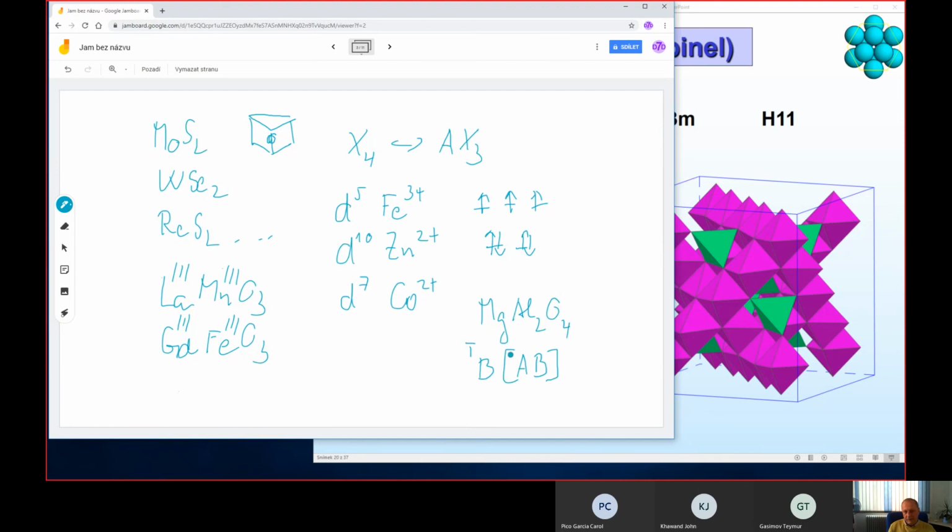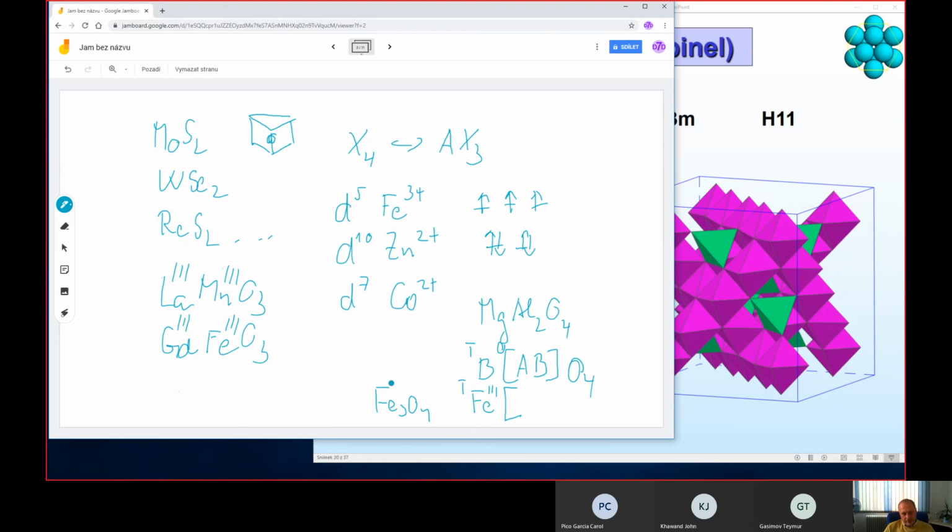So if this is tetrahedral and this is octahedral, we have this form, and this is observed, for instance, for iron oxide spinel Fe3O4, where we have iron 3+, which prefers the tetrahedral coordination, but there must be two iron 3+ because of maintaining the charge neutrality.